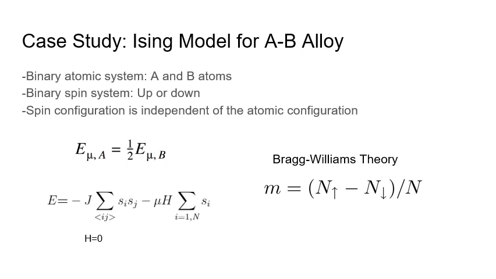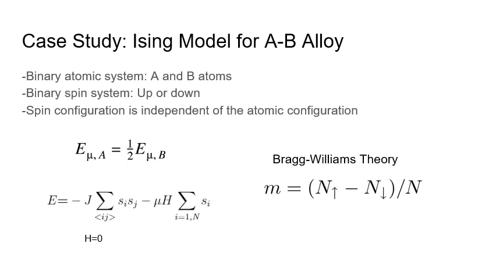We are going to discuss the Ising model for AB alloy. In our system, there is binary A and B, and binary spin up and down. For the preliminary result, we assume that the spin configuration is independent of the atom configuration.